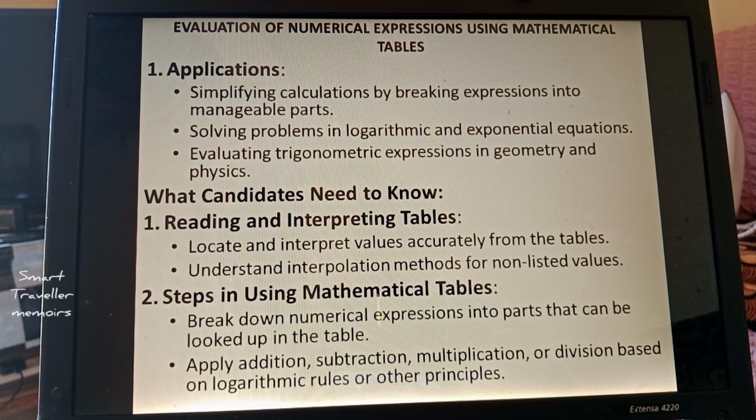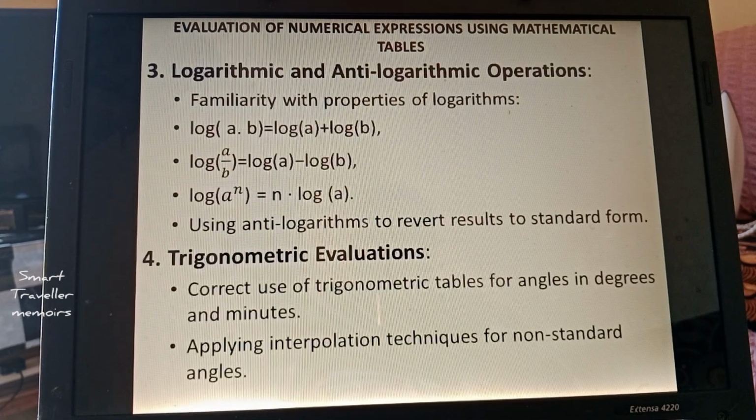2. Steps in using mathematical tables. Break down numerical expressions into parts that can be looked up in the table. Apply addition, subtraction, multiplication, division based on logarithmic rules or other principles. 3. Logarithmic and anti-logarithmic operation. You are supposed to be familiar with the properties of logarithms.